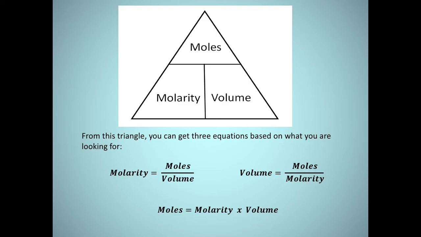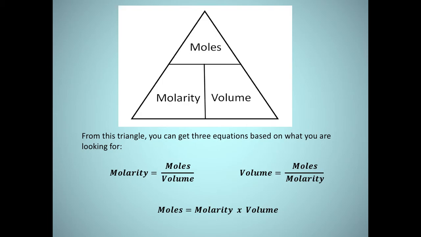If you were trying to find the molarity in a problem, you would take the moles divided by the volume. If you're trying to find the volume, you would take the moles and divide by the molarity. And finally, if you're trying to find the moles, you would take molarity and multiply it by volume.